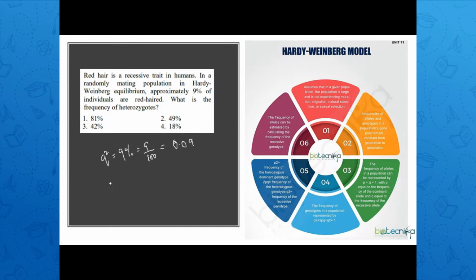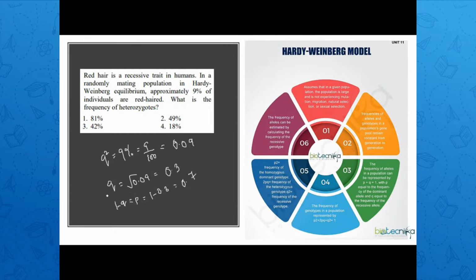So from here I can find out my q, the square root of 0.09, which is equal to 0.3. Now 1 minus q is equal to my p. So 1 minus 0.3 will be equal to 0.7.